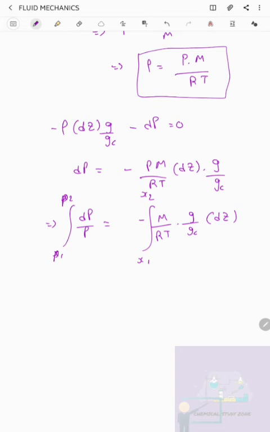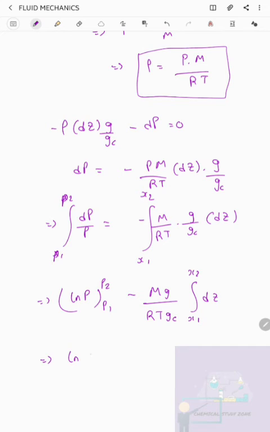As the integration of dp by P gives us the logarithm of P from the points P2 and P1. As here the molecular weight, gas constant, temperature and gravity are constant, now let us bring them all outside. We will have RT into gc, integral of x1 to x2 of dz.